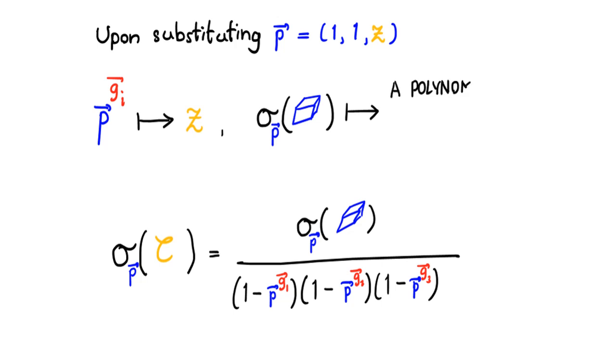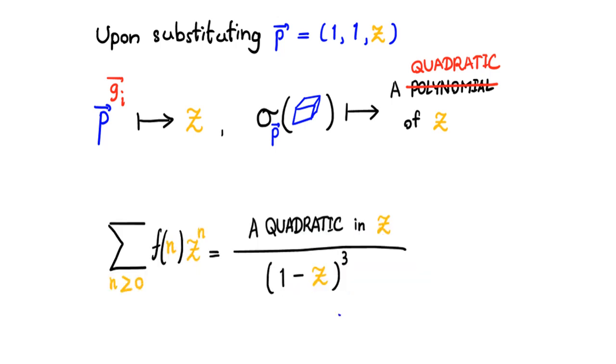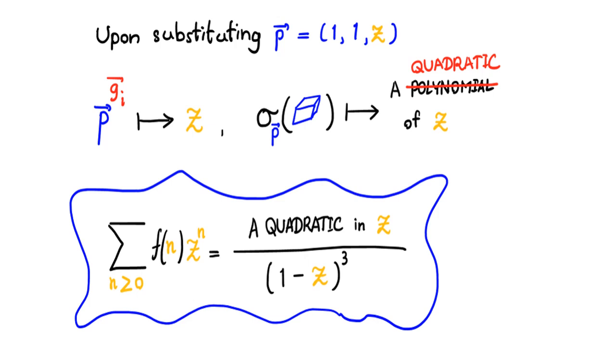Well, it just becomes some polynomial of z. And to be exact, it is actually a quadratic polynomial of z. So, there we go. We have finally found the generating function for f of n. The exact formula would depend on the sigma of our parallelepiped, which kind of makes sense, since that parallelepiped could really be anything depending on our choice of triangle.